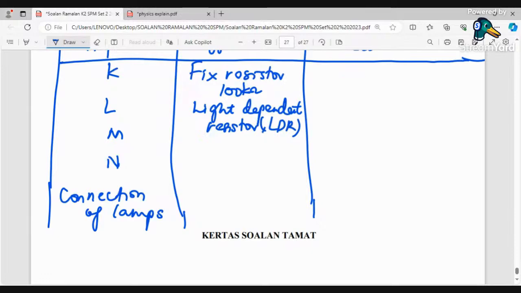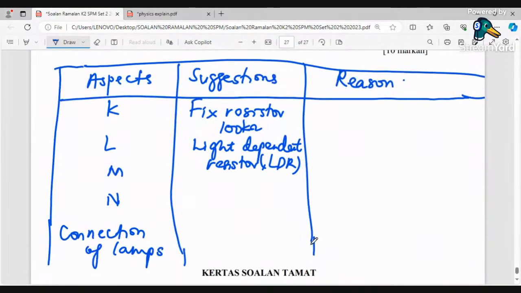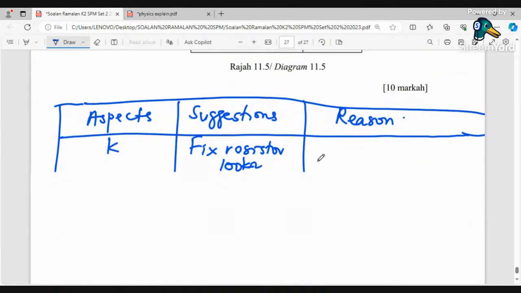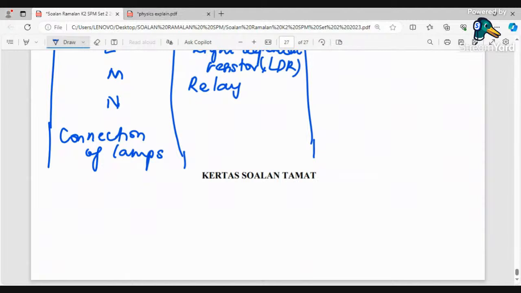Okay, untuk M di sini relay switch. Dan N tu ialah riser ataupun battery. Okay, connection of lamps must be in the parallel.